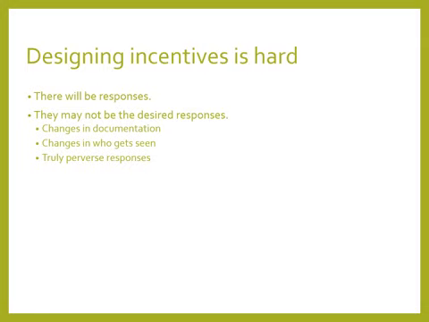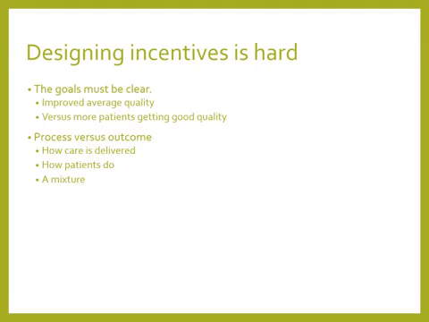Right now, you already see that if you work in the healthcare system, where the insurance company is asking physicians' offices to verify everything that they do 2 or 3 times over. Changes on who gets seen, a truly perverse response. The goal must be clear: improved average quality versus more patients getting good quality.